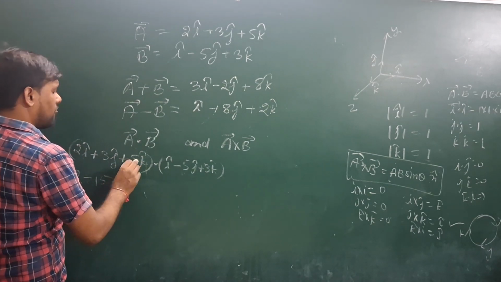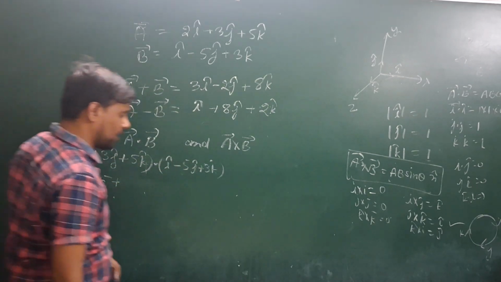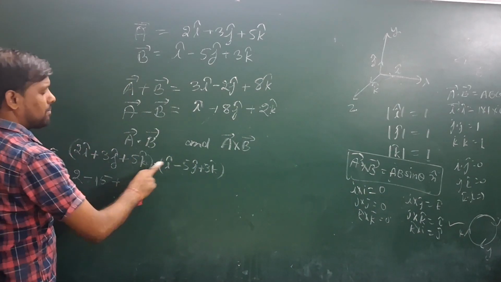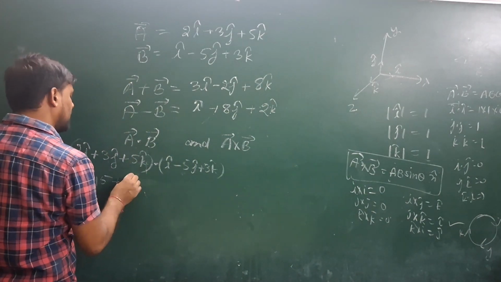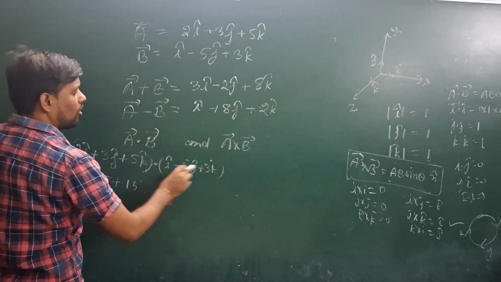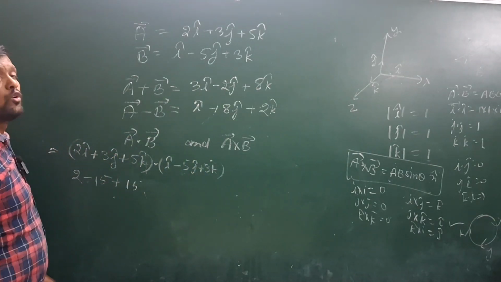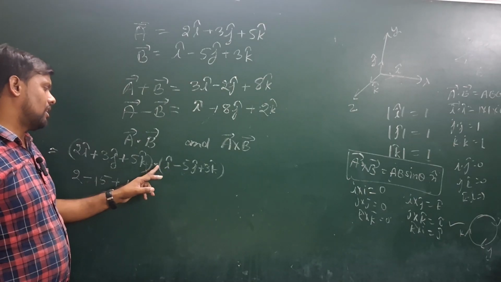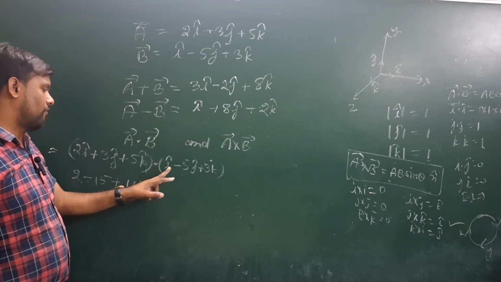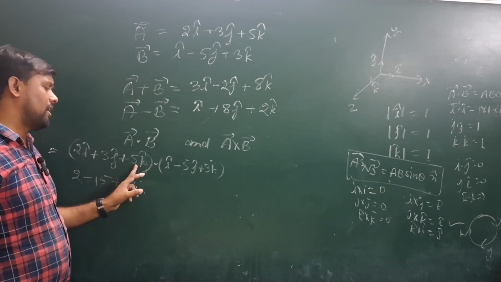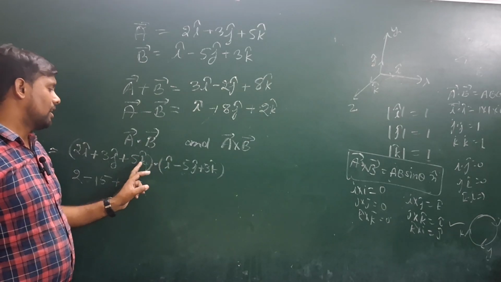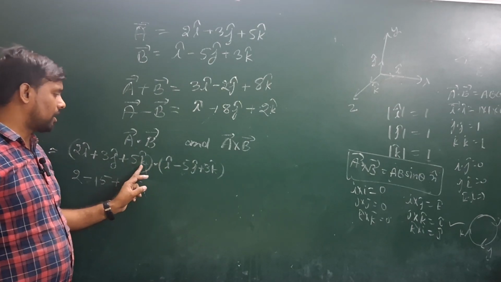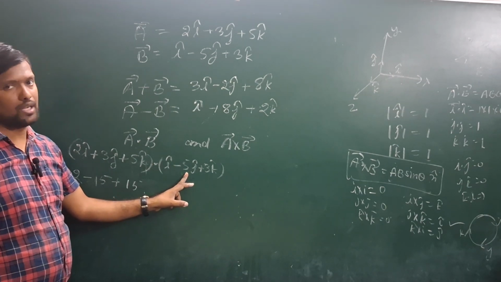Similarly, 5k multiplied by 3k gives 15 and k dot k becomes 1. There is no need to multiply the other coefficients, because the dot product of 5k with I becomes 0 and with j becomes 0.